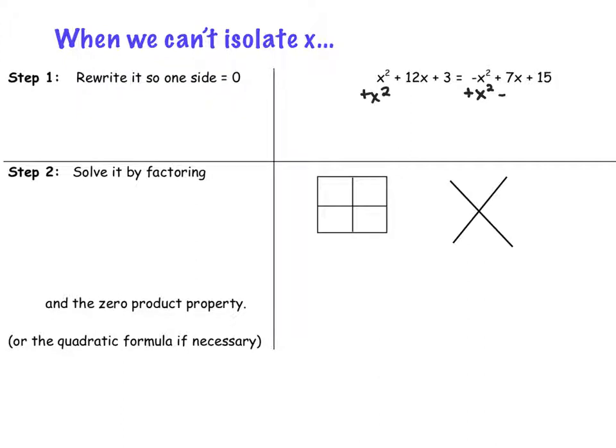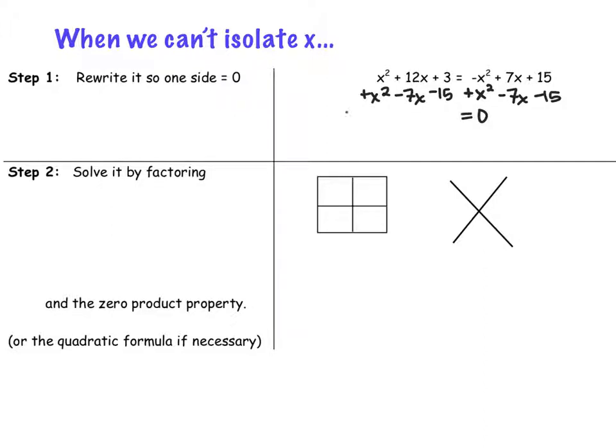I'm going to also take away the 7x from both sides and the 15. So basically what I'm doing is I'm trying to wipe everything out on this side because I want it all equal to 0. So everything should be the opposite here. Positive 7, negative 7, 15, negative 15, negative x squared, positive x squared. All this is going to give me 0. So I've got 0 on that side.